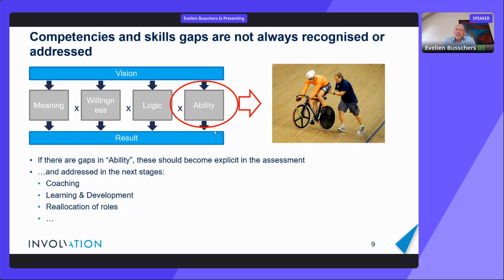And in the end, it can also mean, and this is what can happen quite easily when there's a serious competency gap, that we need to reallocate the roles. And that can sometimes be tough because it has an impact on people. But again, if that is the case, it's the case.